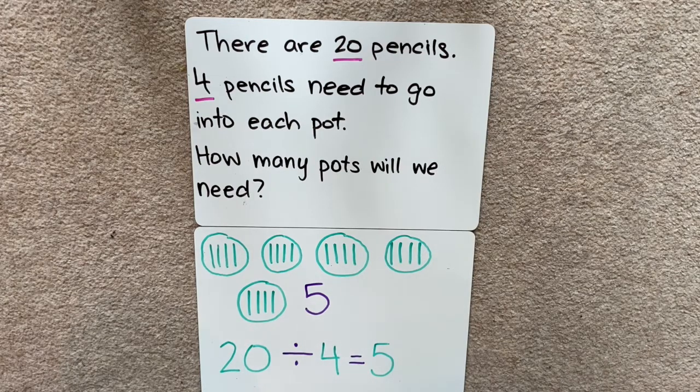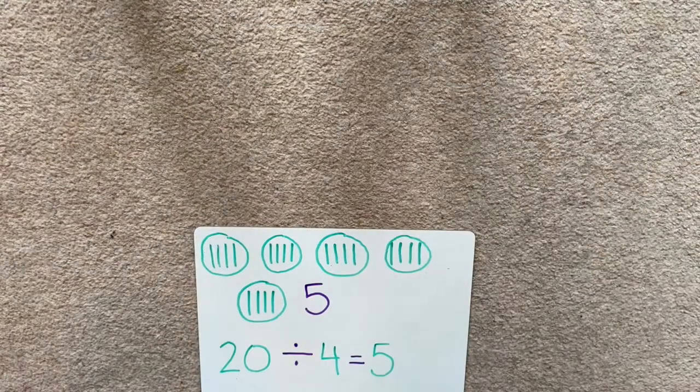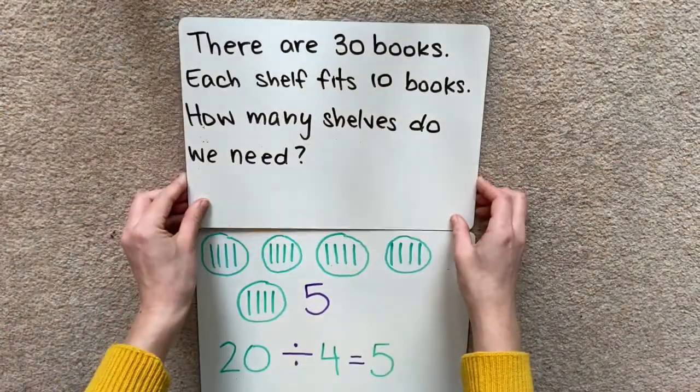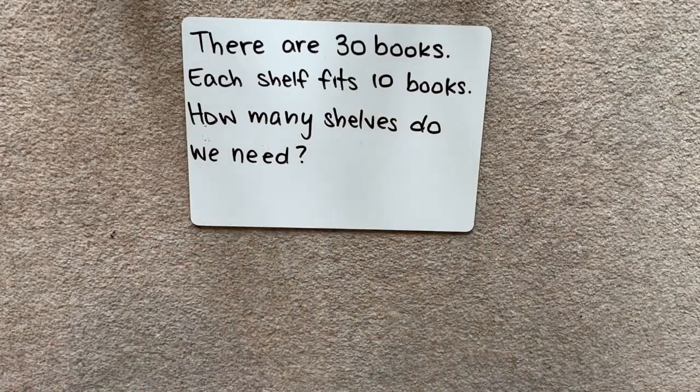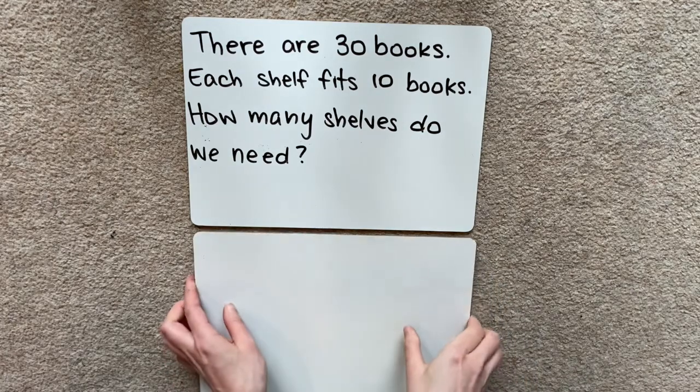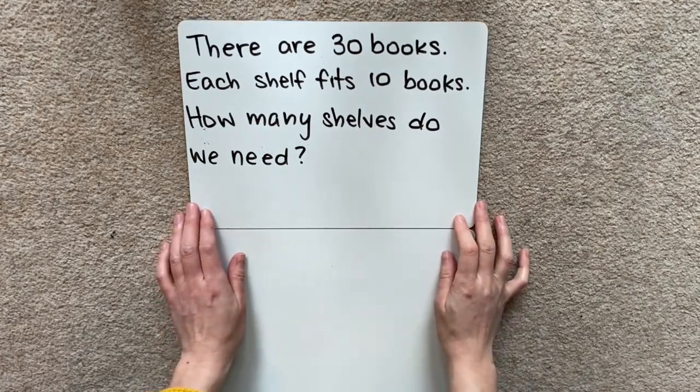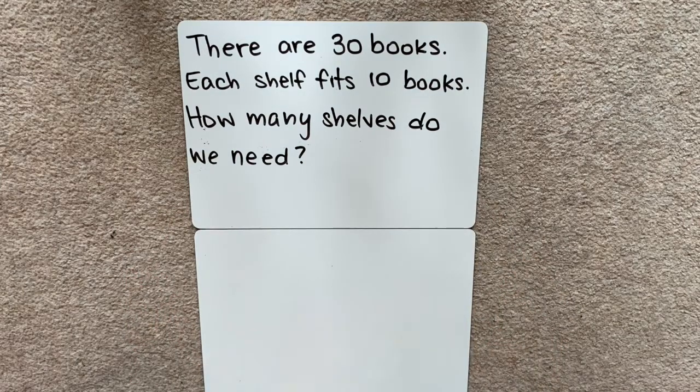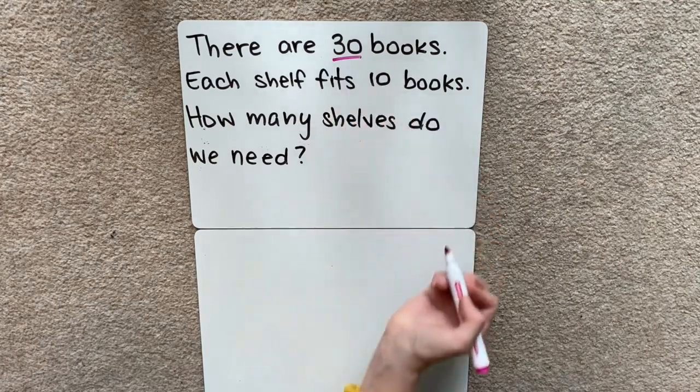Let's do another example. There are 30 books. Each shelf fits 10 books. How many shelves do we need? So we have a pink pen, 30 books.